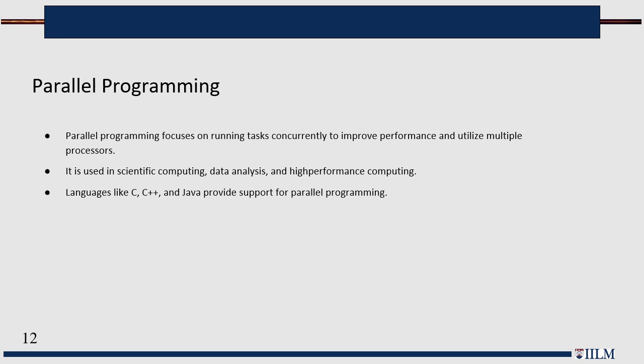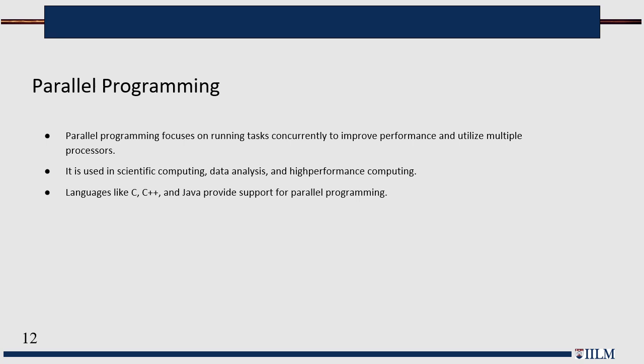Next one is parallel programming. As you already have an idea about different paradigms, can you think what parallel programming is? As the name suggests, it focuses on running tasks concurrently. It will run tasks in parallel to improve performance and utilize multiple processors.